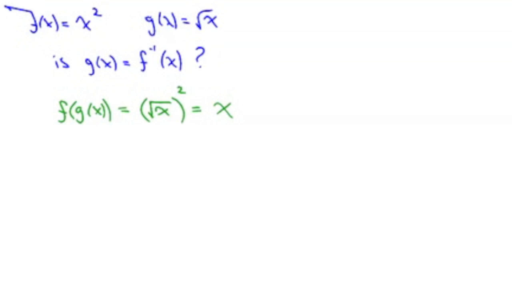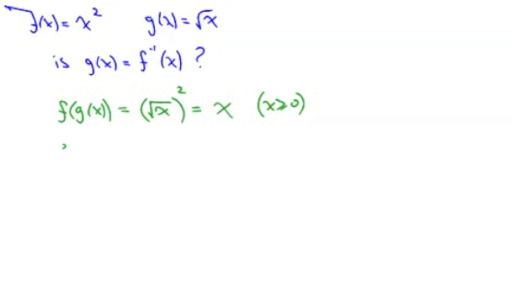Now it gets a little weird. The domain of the inside function is 0 to infinity. So the answer over here is only 0 to infinity, because you can't square root a negative number. So this number has to be positive. So one of the little add-ons here is x has to be greater than or equal to 0. It's part of the domain.